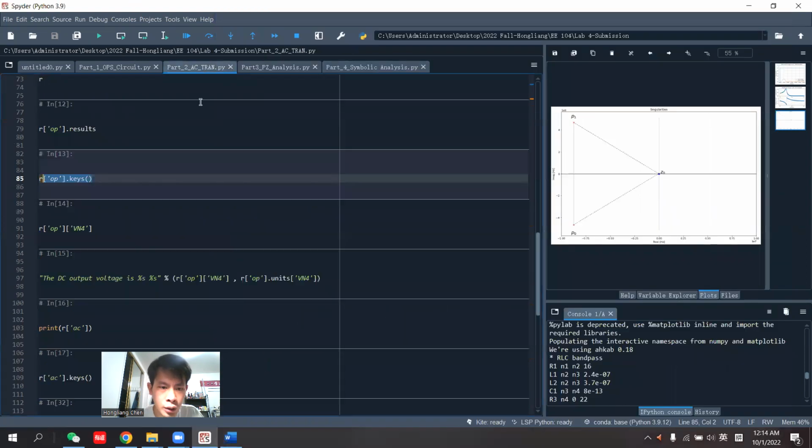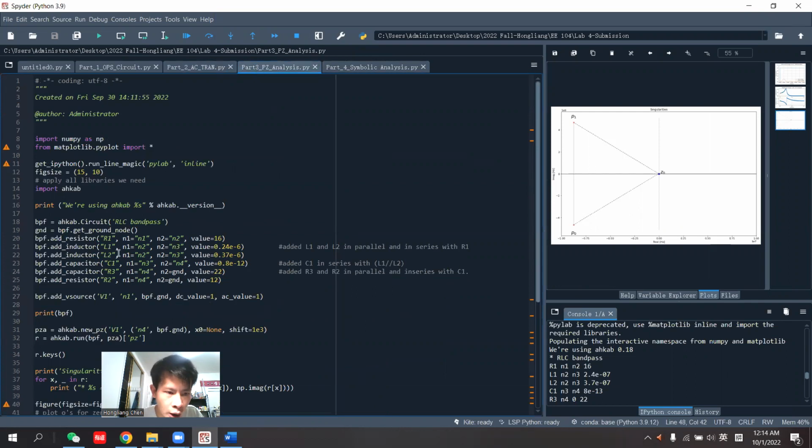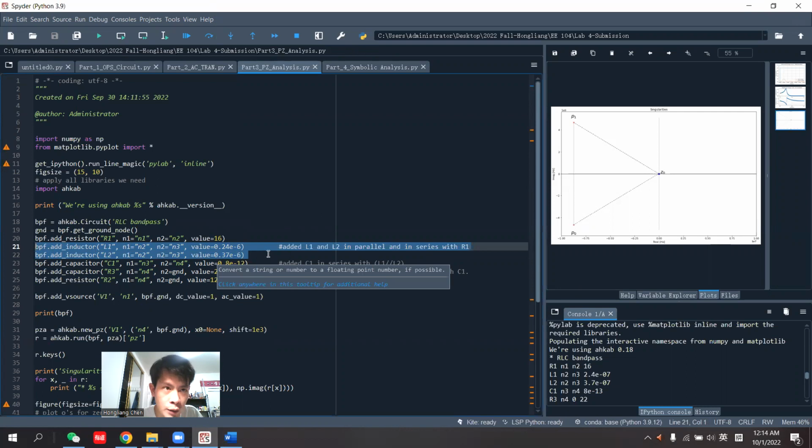I will definitely have more than 3 loops in part 2, the AC and transient analysis. In part 3, I have two parallel resistors and two parallel inductors, so I believe I will have 4 loops.